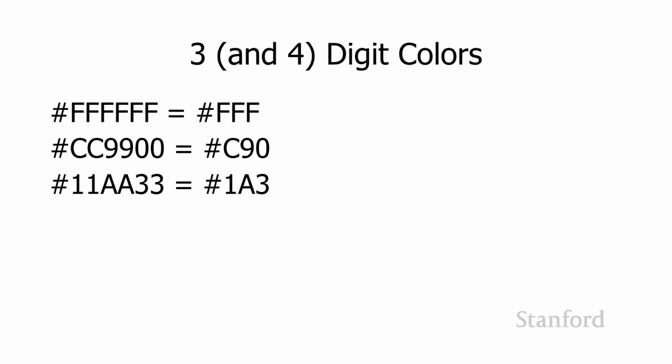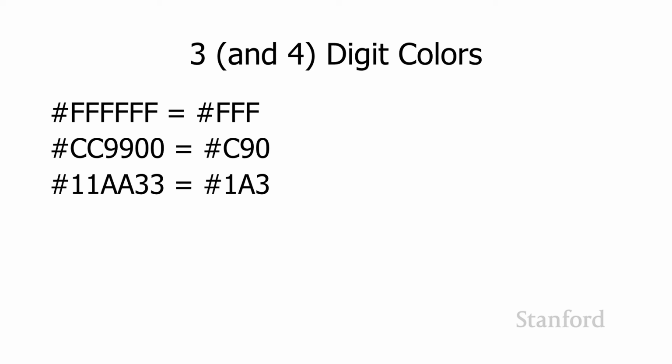I've written these down as they're equal. That's not really true. It's more that FF is transformed into FFF. If we were to do the actual conversion in base 16, these of course are not equal. But as far as how they're specified in this three digit scheme for colors, that's the way it works. So similarly, CC9900 can just be written as C90, and 11AA33 could be written as 1A3.